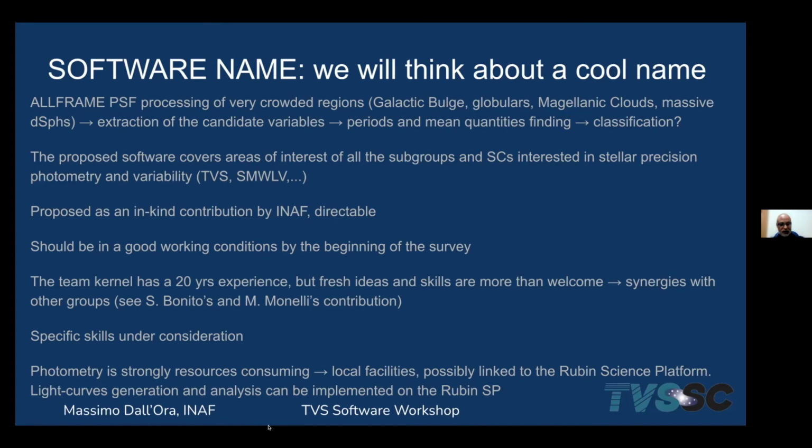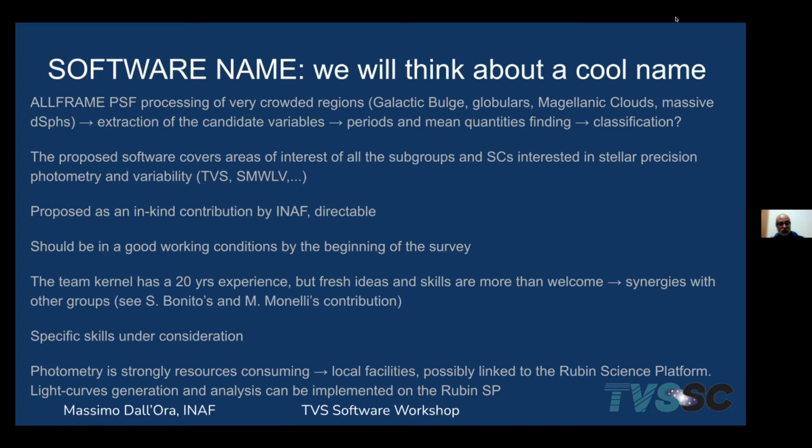We have a strong experience on this field, but of course, fresh ideas and skills are more than welcome. So we are planning some synergies, for example, with other groups, for example, with Matteo, and also we discussed at this point with Sara, and specific skills are under consideration.